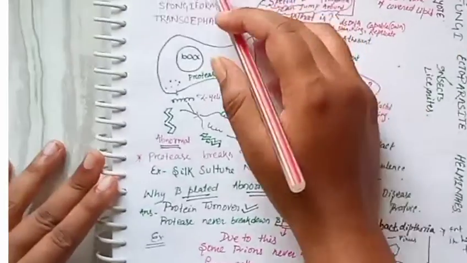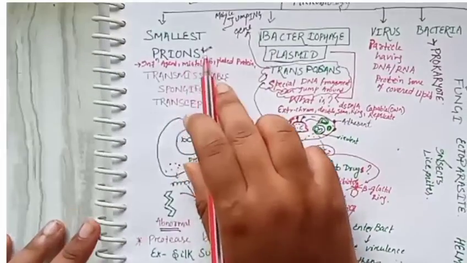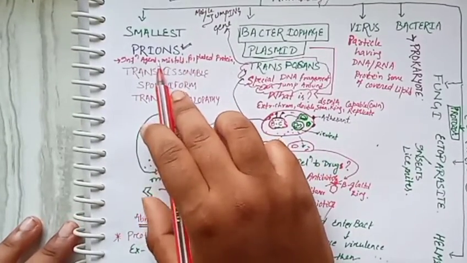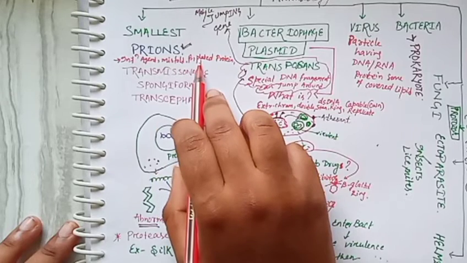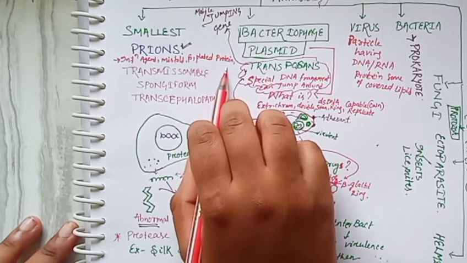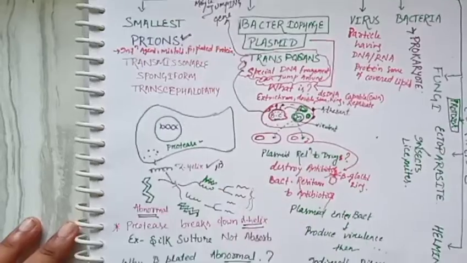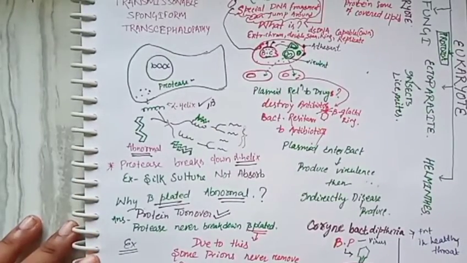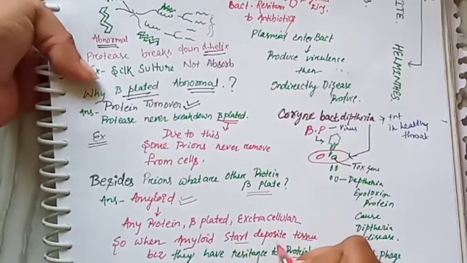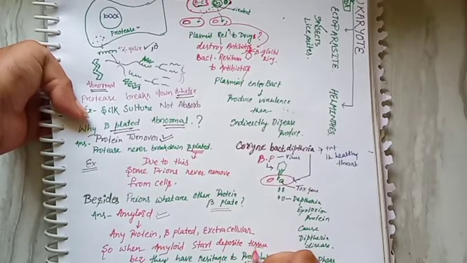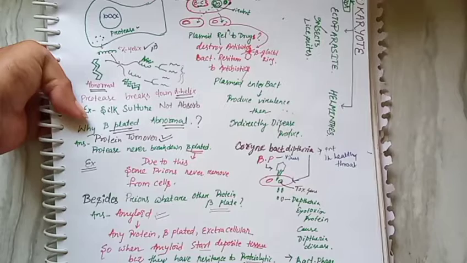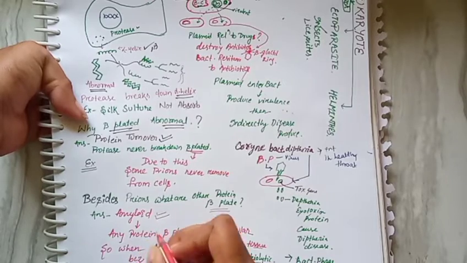So we discussed what is prion. Prions are nothing but infectious agents which are misfolded beta pleated protein. And besides prion, we also discussed amyloid, which is also beta pleated, and it causes damage to our tissue by a process known as amyloidosis.